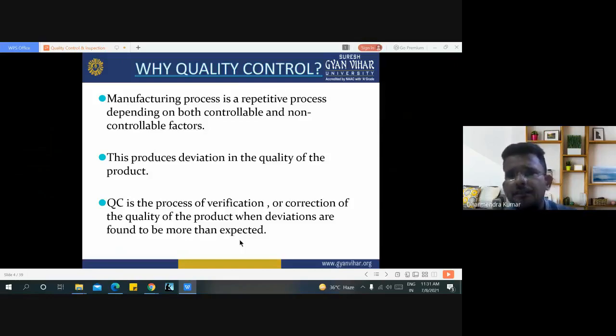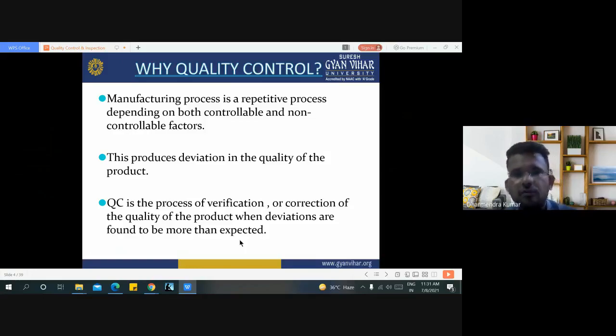Here the controllable factors mean assigning skilled labor and assigning the appropriate machine for appropriate machining. The non-controllable factors are such things as idling of a machine due to the failure of any component, or due to the lack of raw material, or due to the lack of any resources like water or electricity.